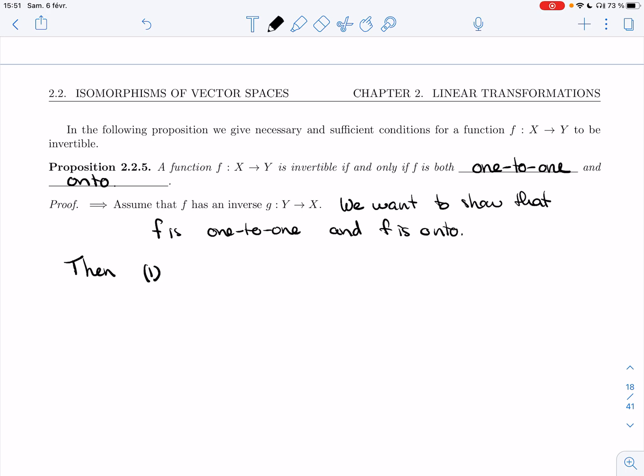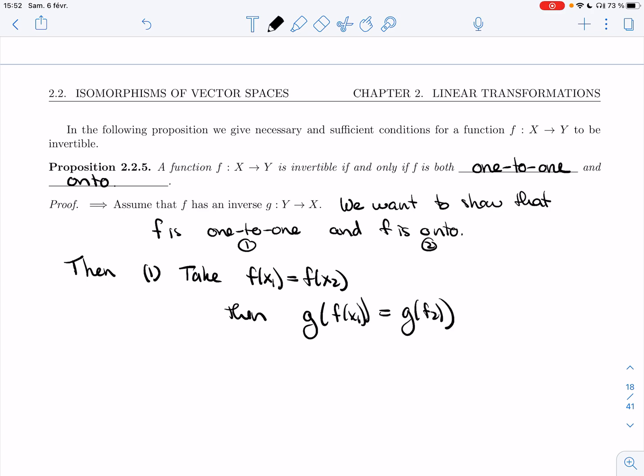All right. I want to prove that f is 1 to 1. So take f of x1 and f of x2, and suppose f of x1 equals f of x2. Then I can apply g to both sides, g of f of x1 equals g of f of x2.